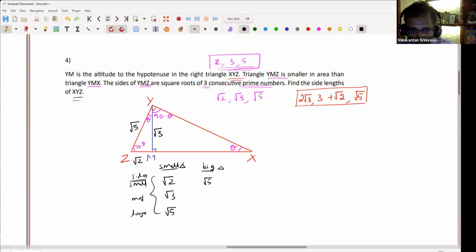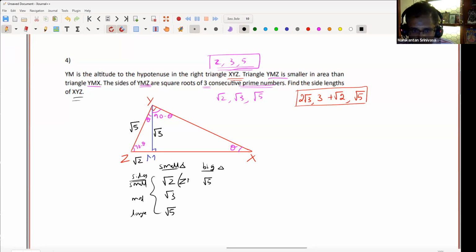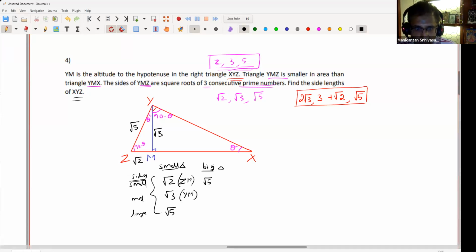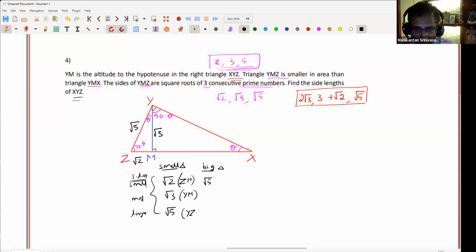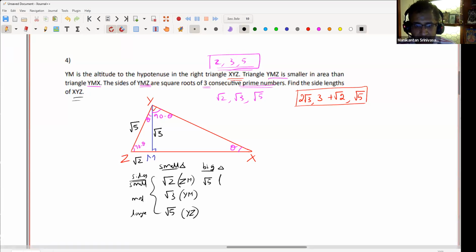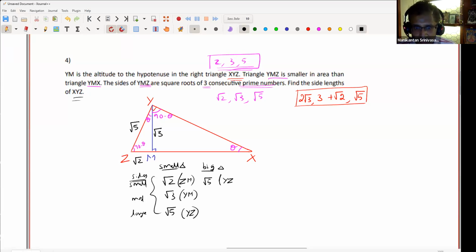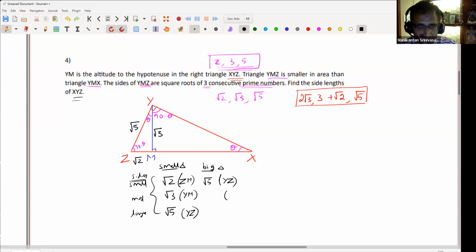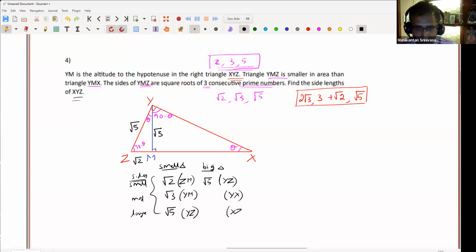This is ZM, this is YM, and this is YZ. So the corresponding one, the small side in the big triangle, would be YZ. The corresponding side for the medium in the big triangle would be YX, and this will be XZ.